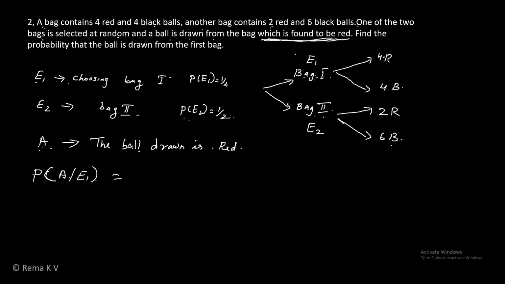From this you can write A given E1. It is 4 red balls, 4 black balls, so total 8, and the probability of getting it is 4 by 8, which is equal to 1 by 2.